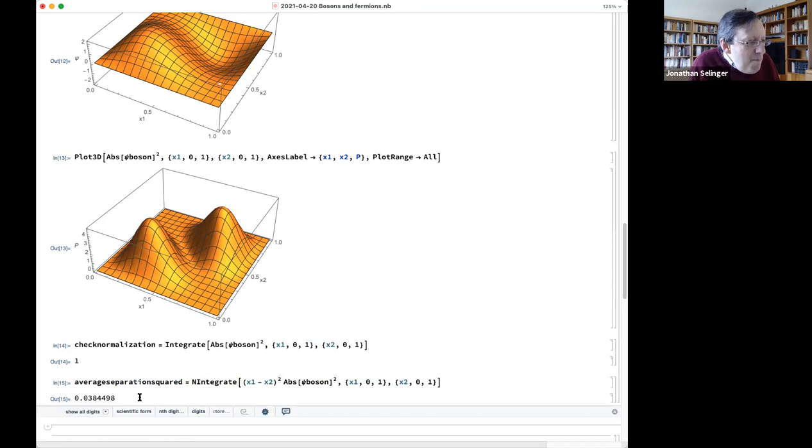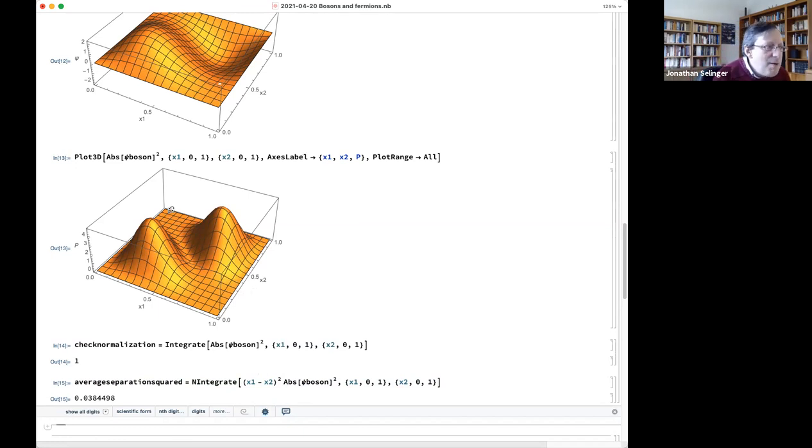And this is a number. It's a smaller number than we had before. It's actually a lot smaller. Before it was about 0.1, now it's about 0.04. So this is saying that the particles are really closer to each other just because of this symmetry.